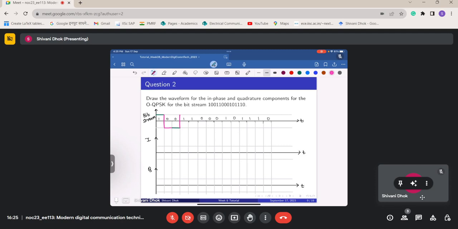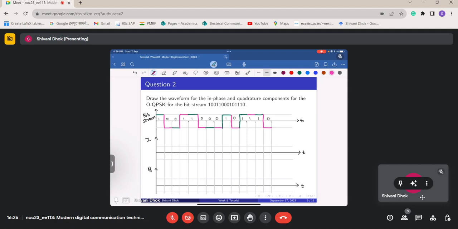Then 1, 1, 0, 0, 0, 1, 0, 1, 1, again 1, and then we have the last 0. Okay, so this is what we have.